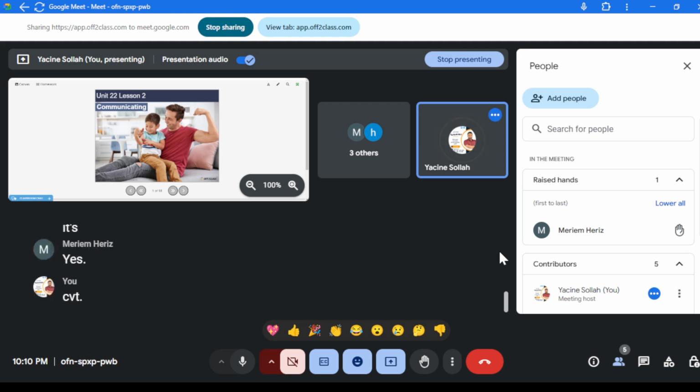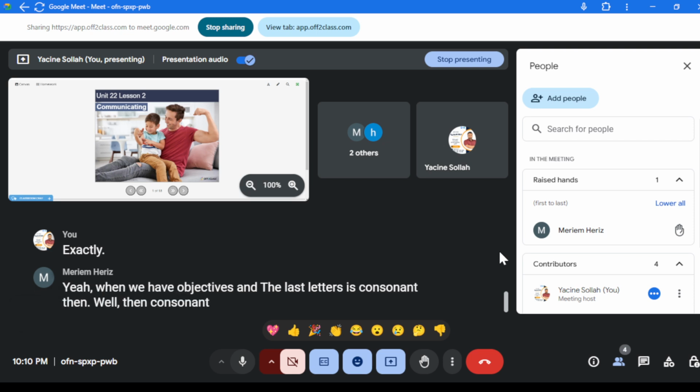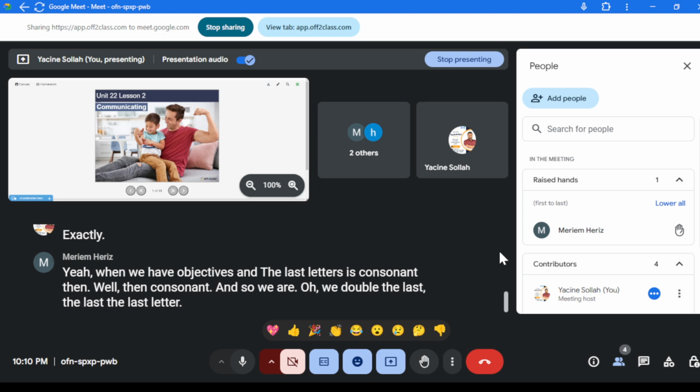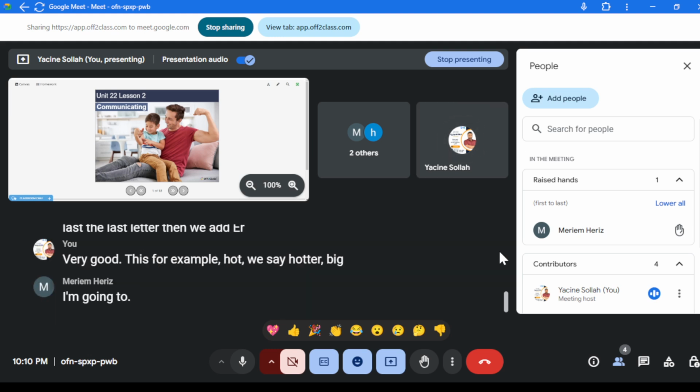When we have adjectives and the last letter is consonant, then vowel, then consonant, we double the last letter, then we add er. For example, hot, we say hotter, big, bigger, etc. Very good.